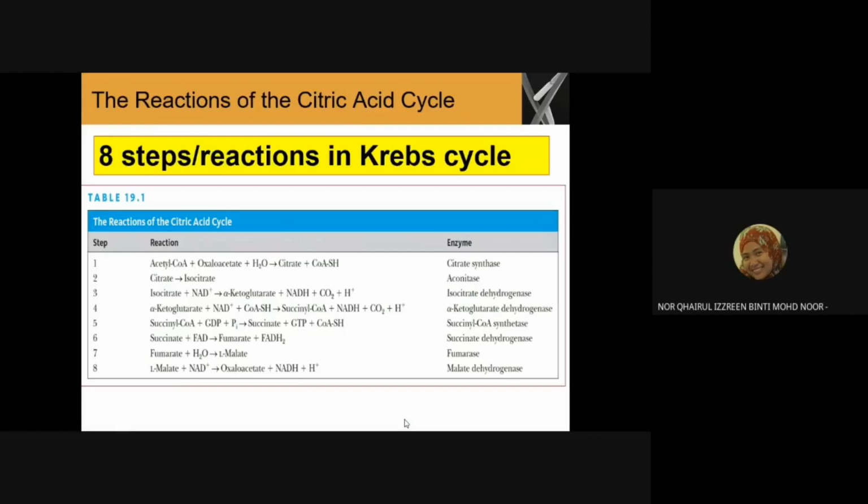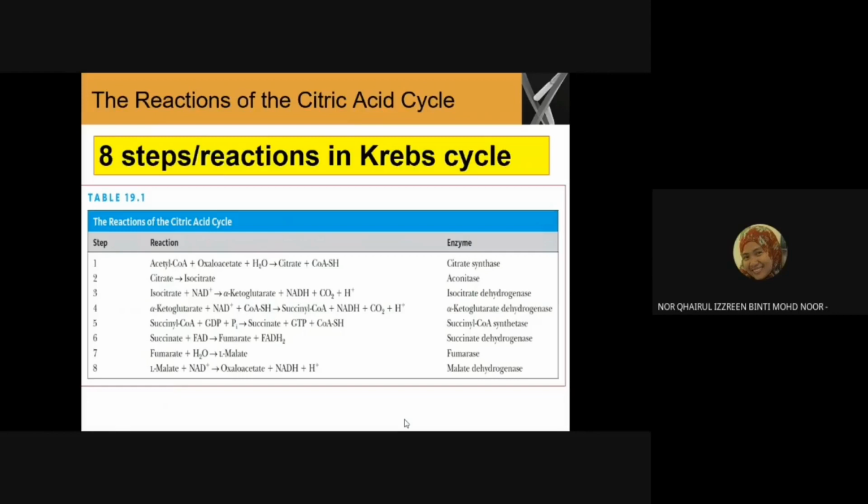Step number 5 is succinyl-CoA plus GDP and inorganic phosphate, catalyzed by succinyl-CoA synthetase, to produce succinate, GTP and coenzyme A-SH. Step number 6 is succinate and FAD, catalyzed by succinate dehydrogenase, producing fumarate and FADH2 molecule.